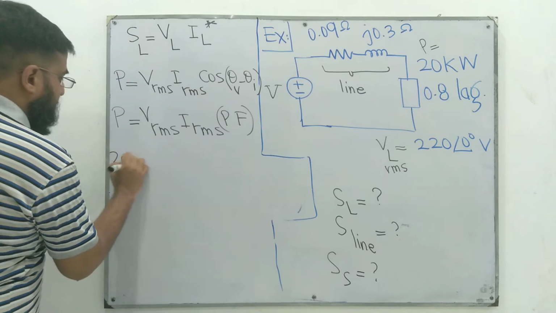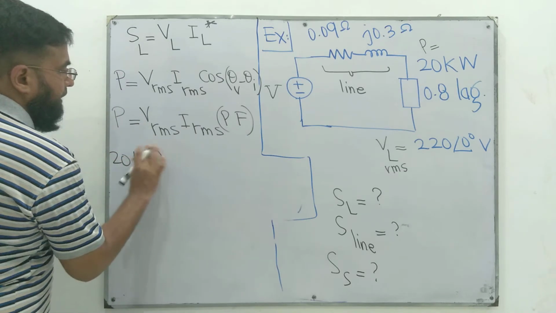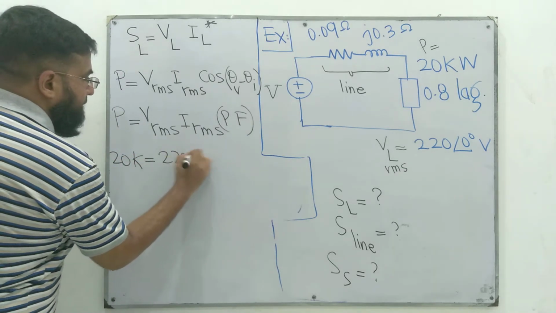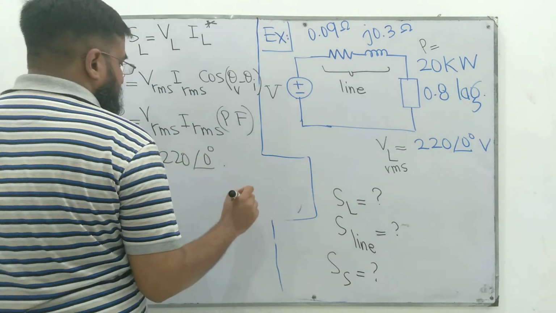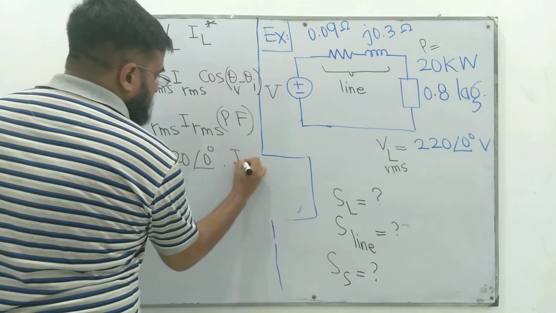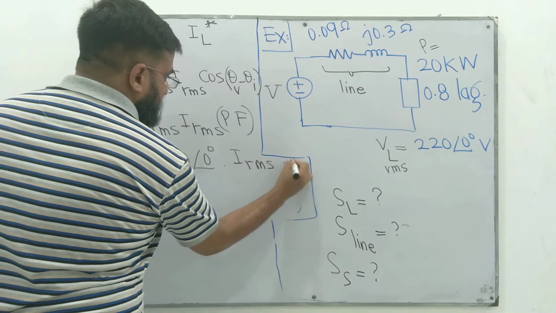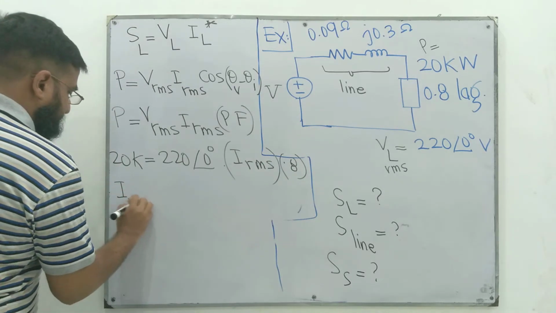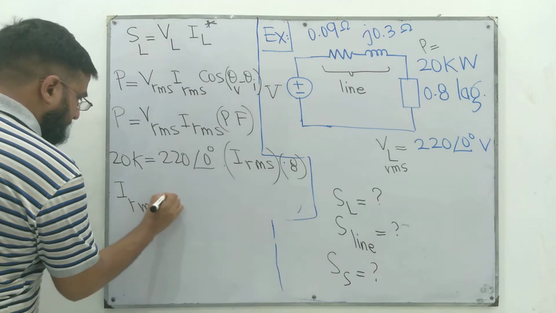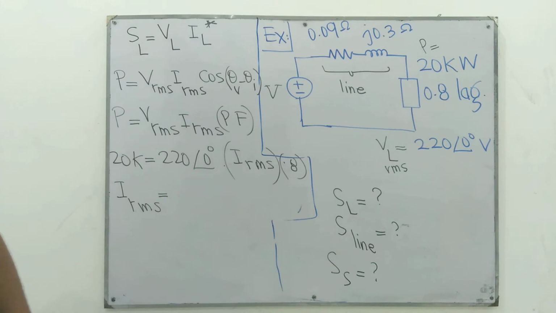So P is known, 20 kW; V RMS is known, 220 at an angle of 0; I RMS is unknown; times 0.8.